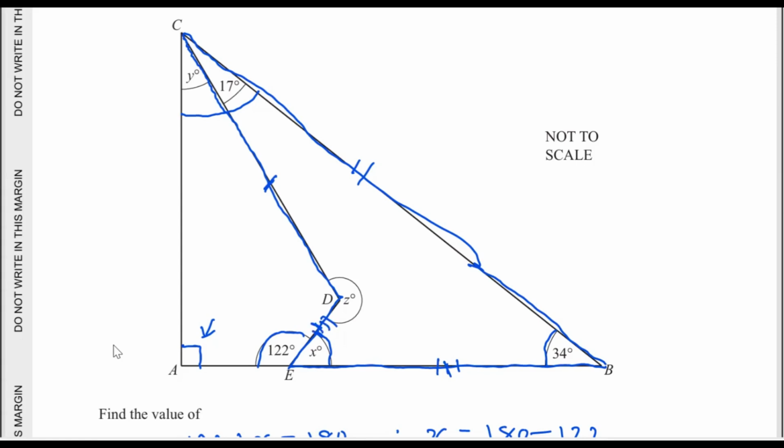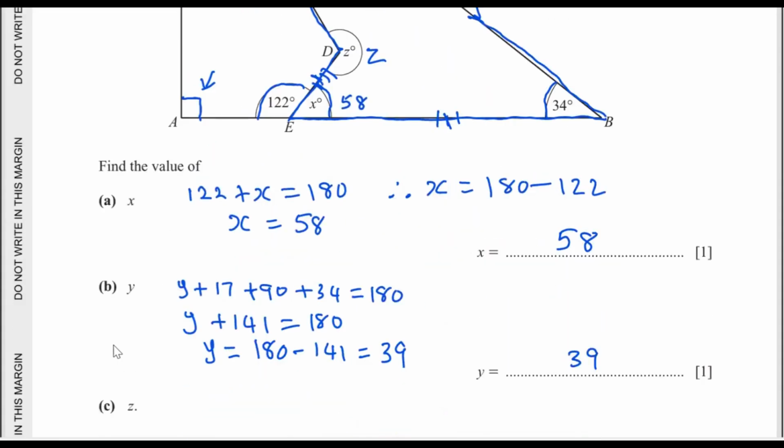And so when I add this angle 17 here, plus this z here, plus the value of s, which we've got before as 58, so we have 58 here and 34. I'm going to add up all the values.